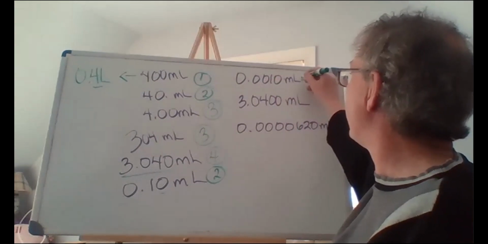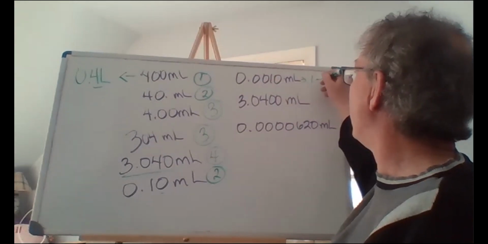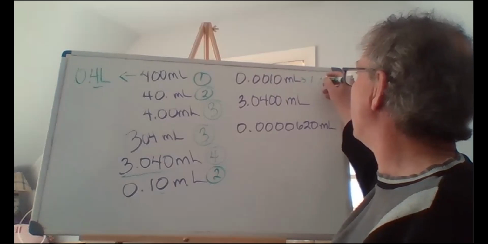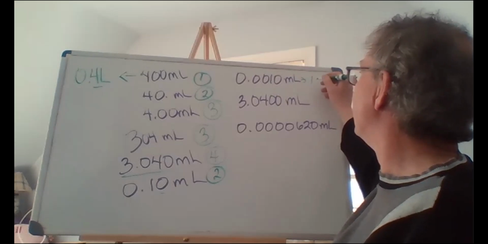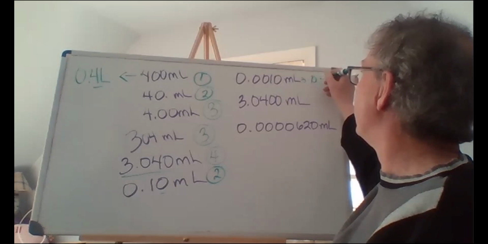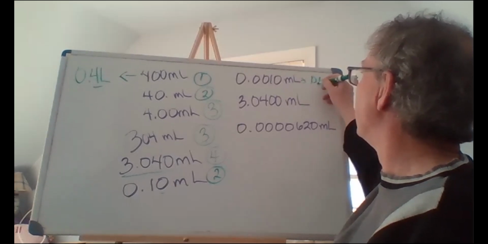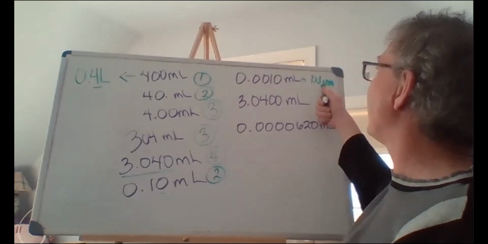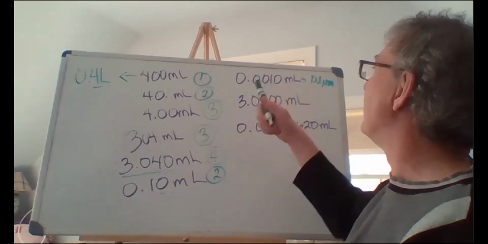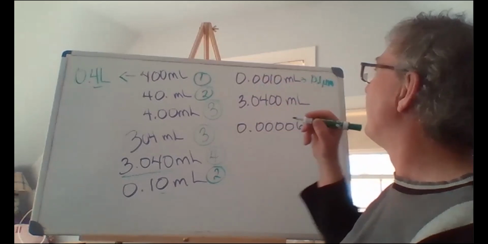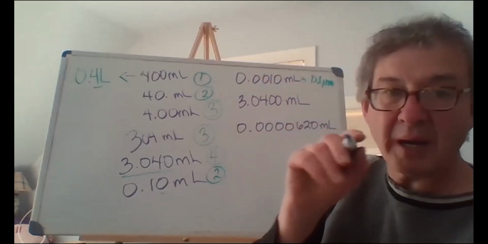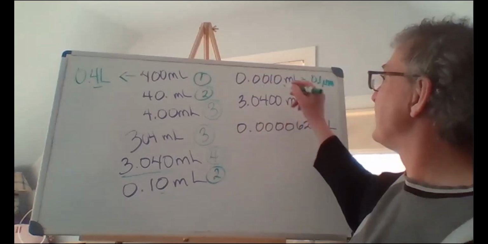I would end up with 0.1 micrometers, right? So now I only have 1 measured 0. In other words, those are not measured zeros.